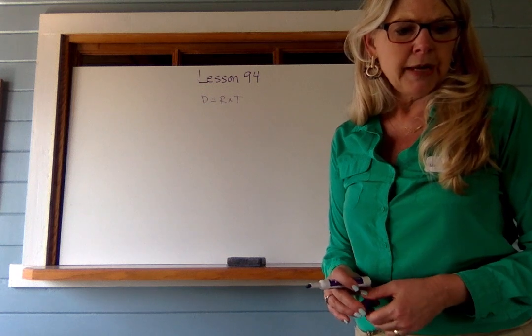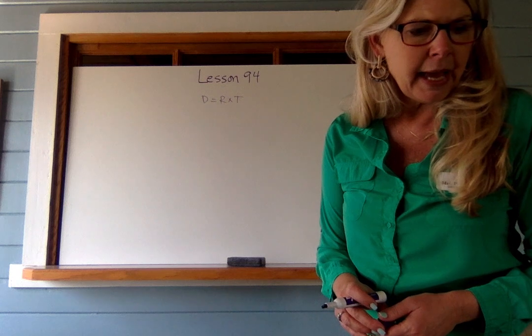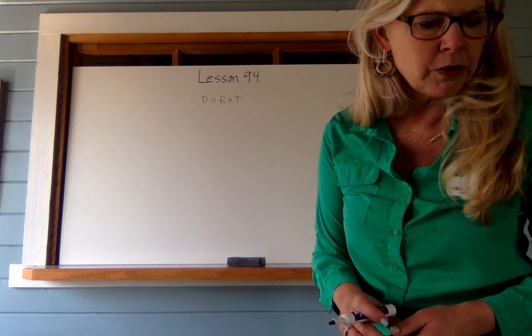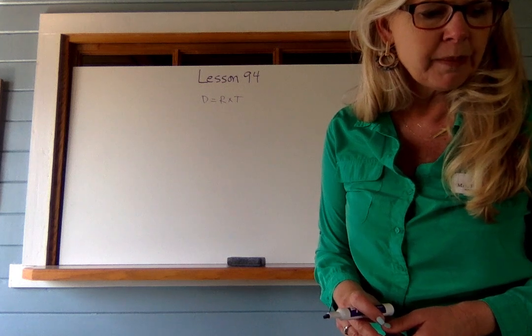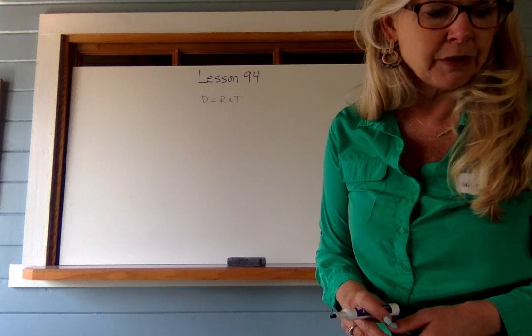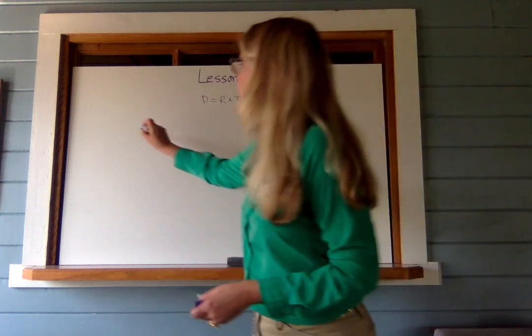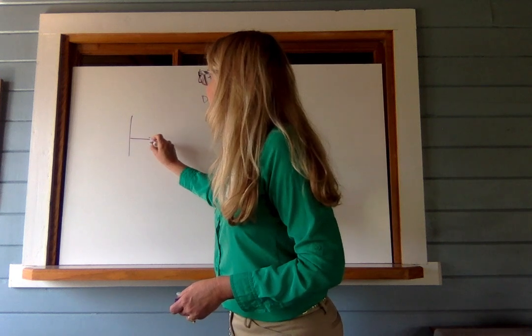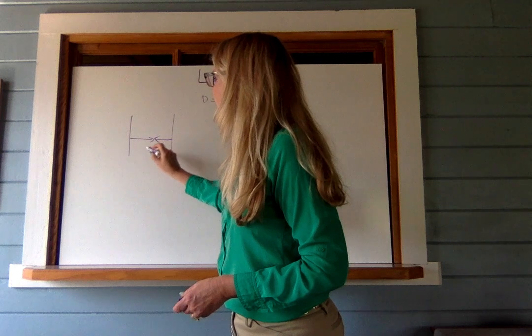Okay, it reads: 2 ships were 700 miles apart at midnight and were headed directly toward each other. If they collided at 10 a.m., find the speeds of both ships if one was traveling 30 miles per hour faster than the other. To draw my diagram, these ships are coming in and they're going to collide at some point, and they went 700 miles.